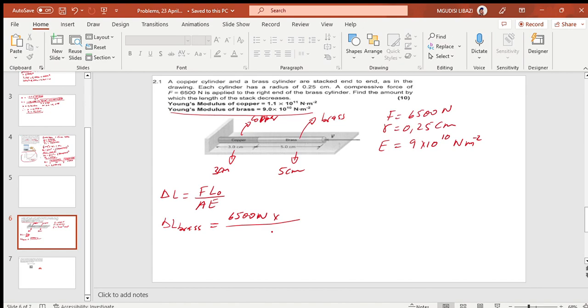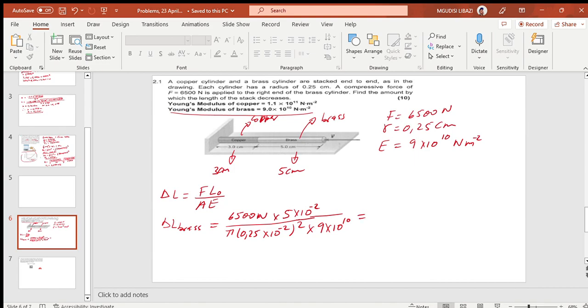That means the length of the brass, 5 centimeters, is 5 times 10 to the minus 2 meters, and the radius 0.25 is 0.25 multiplied by 10 to the minus 2, squared, so that's pi r squared, multiplied by the Young's modulus, which is 9 times 10 raised to 10.